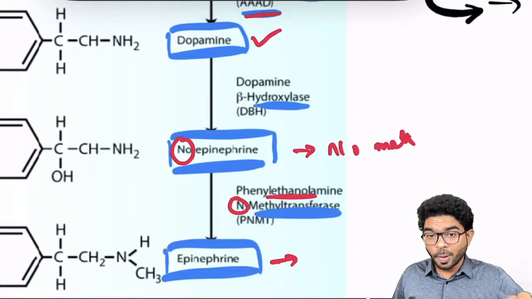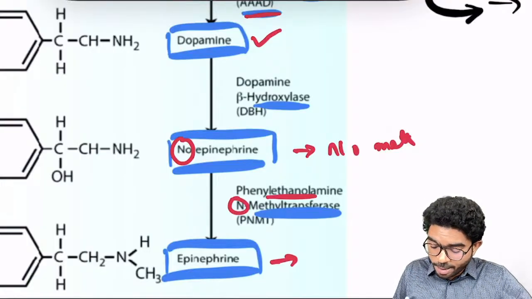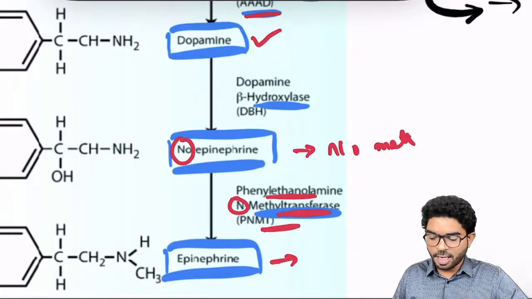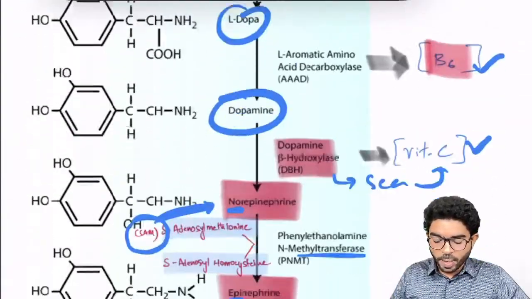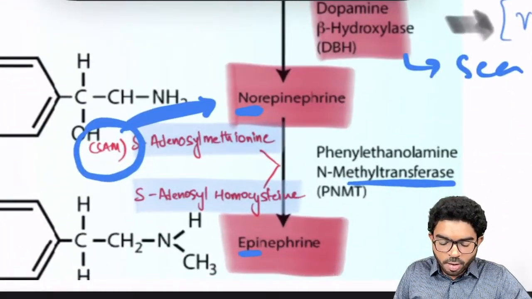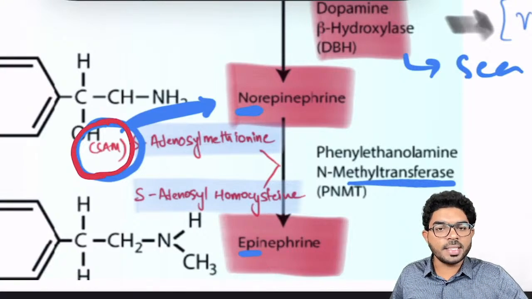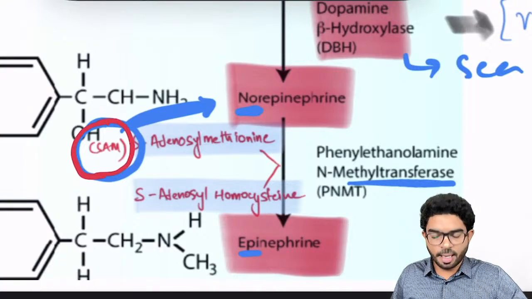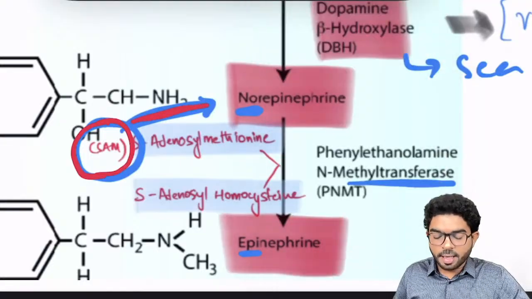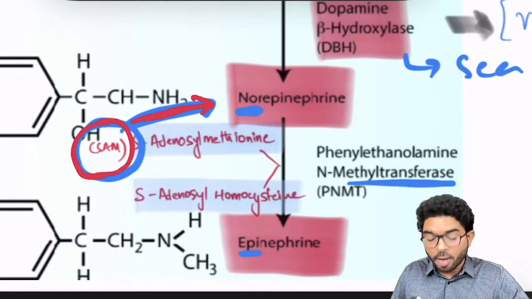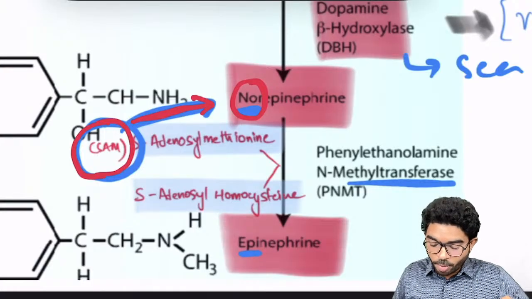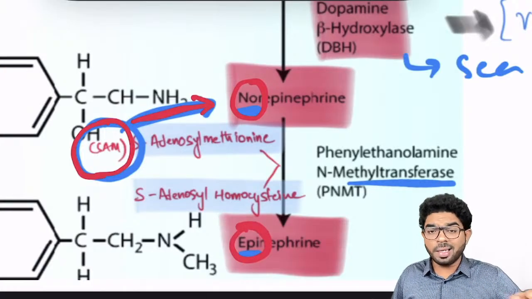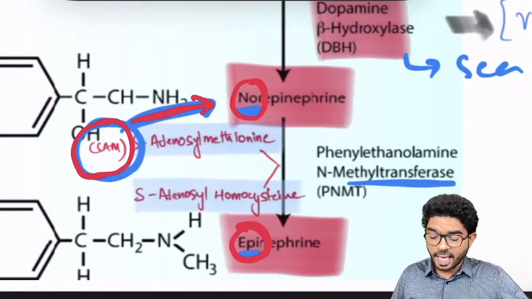That methyl group is transferred by methyl transferase, and SAM provides the methyl group. SAM donates the methyl group to the compound with no methyl group to produce a compound with a methyl group, by which norepinephrine is converted into epinephrine.